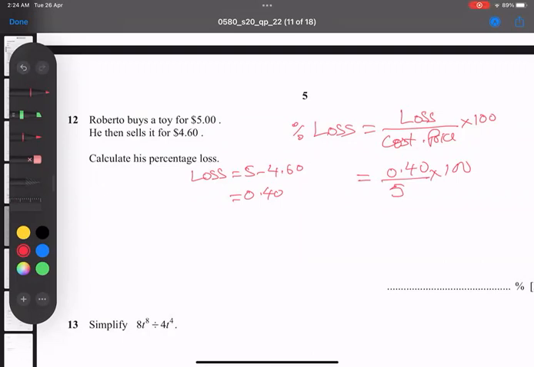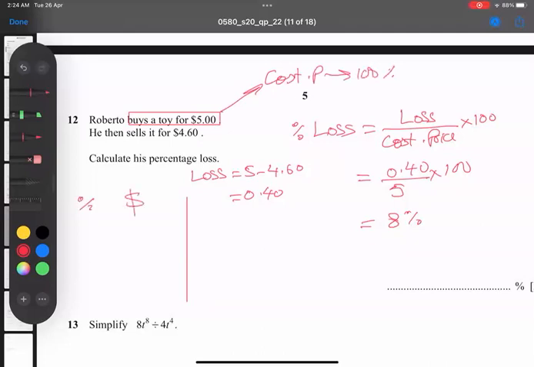So 8% loss. Or the second technique: this is the full amount, the purchasing amount, and cost price is always taken as 100. Let me tell you one thing, always 100%. So if I write percentage and dollars, $5 I will take as 100, and the difference is called the loss, $0.40, and here L for loss.